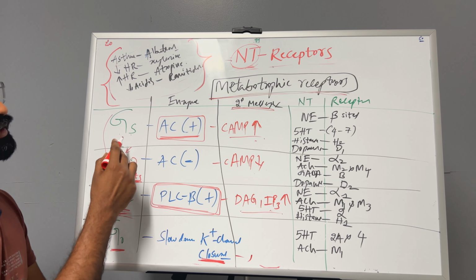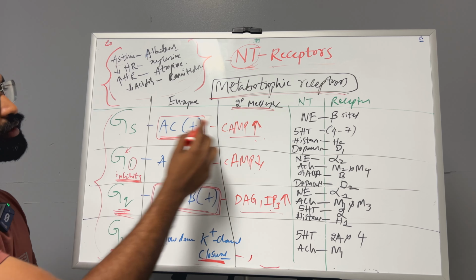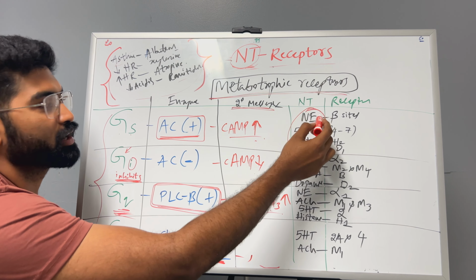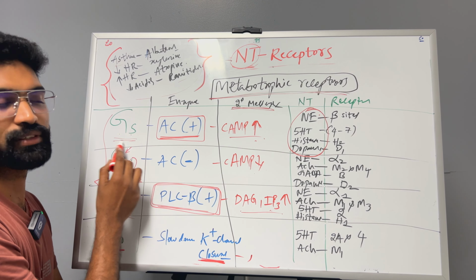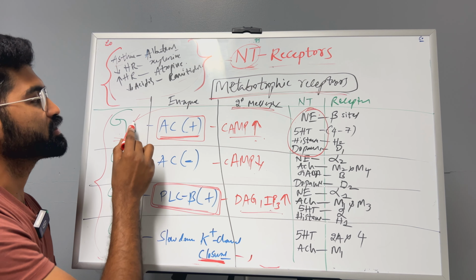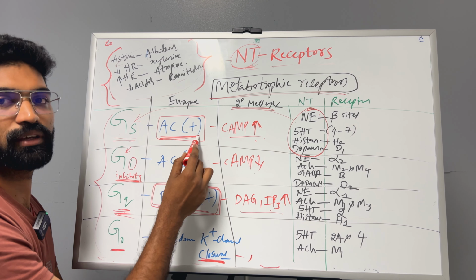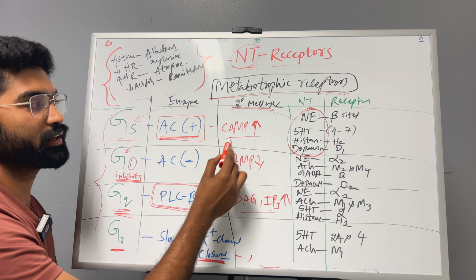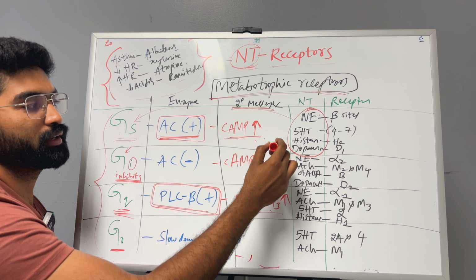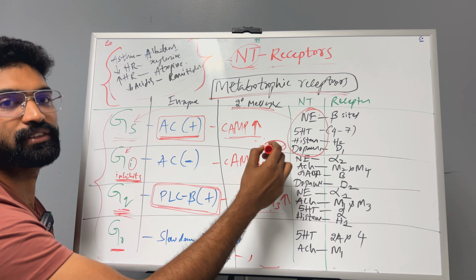Now see here, whenever these neurotransmitters come and bind with the GS, this enzyme is activated and it will increase the cAMP. So the final effect will be increased excitation.